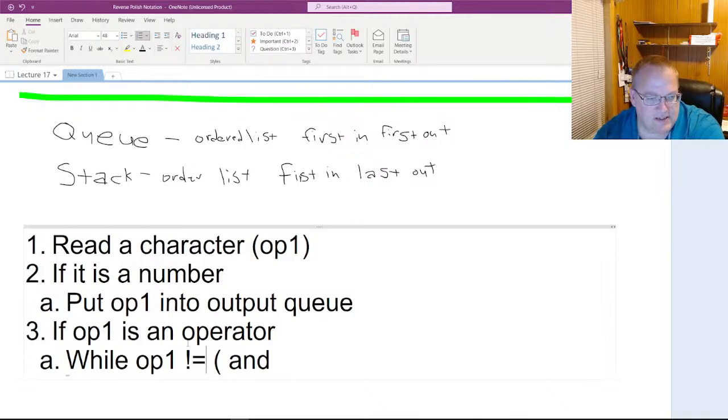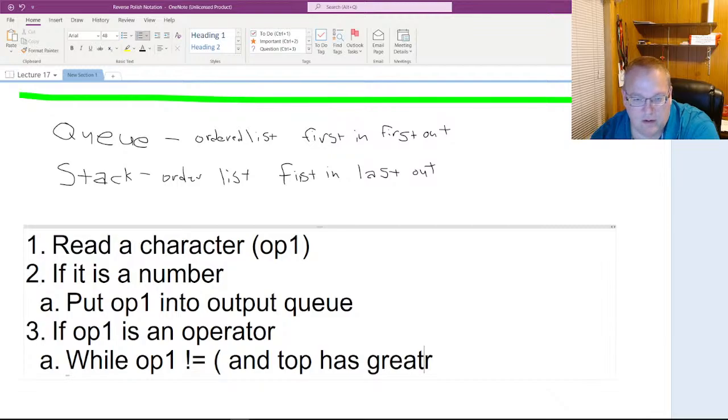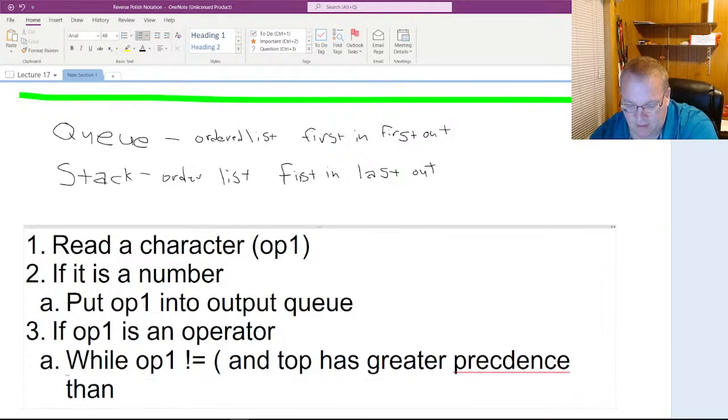Well, op1 is not equal to a left parenthesis, and top has greater priority, precedence, than op1.